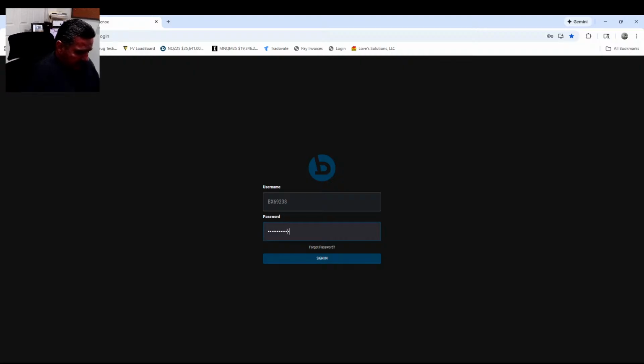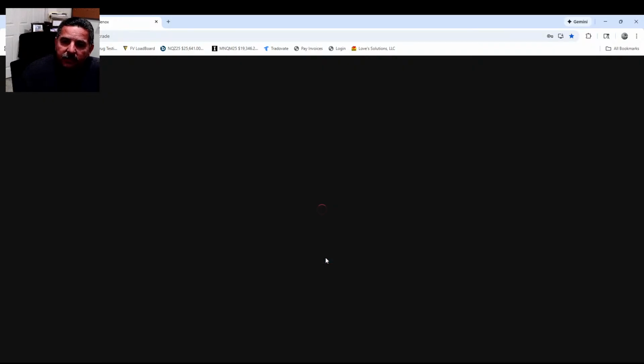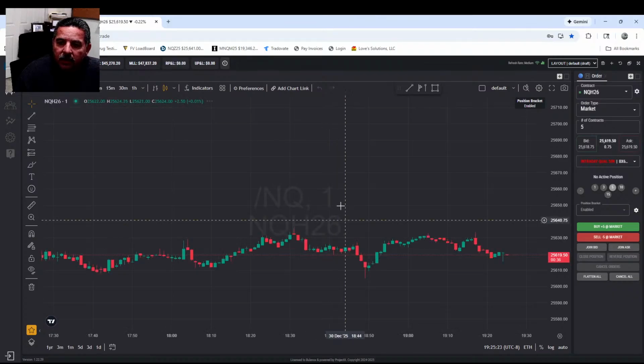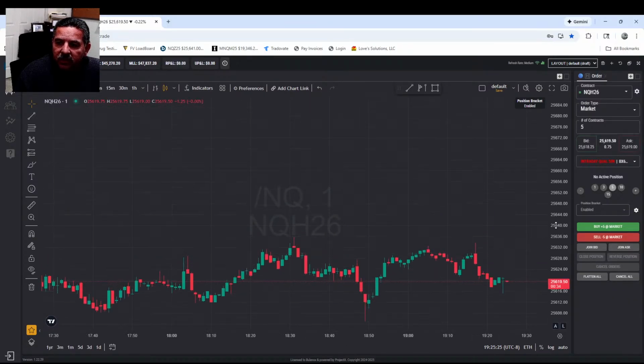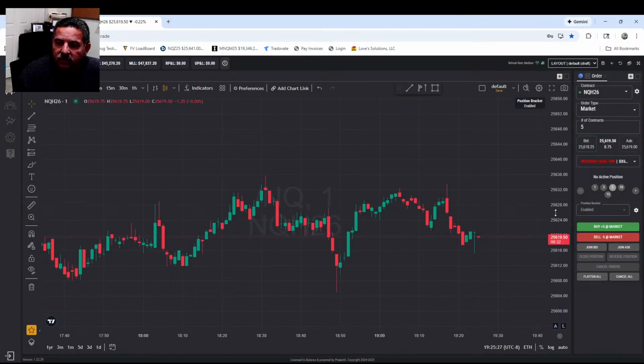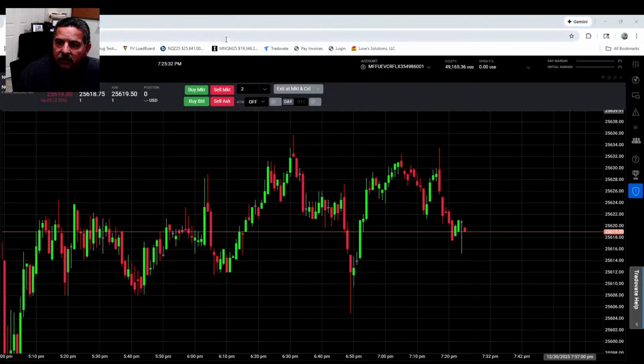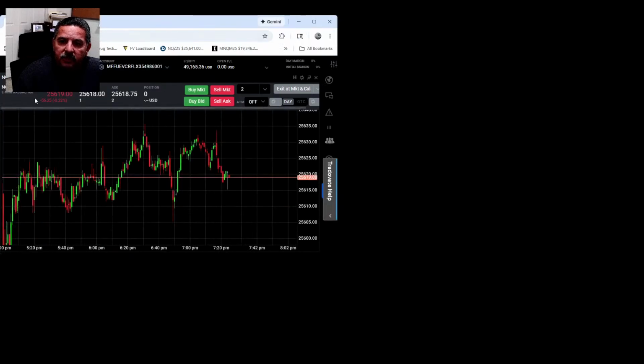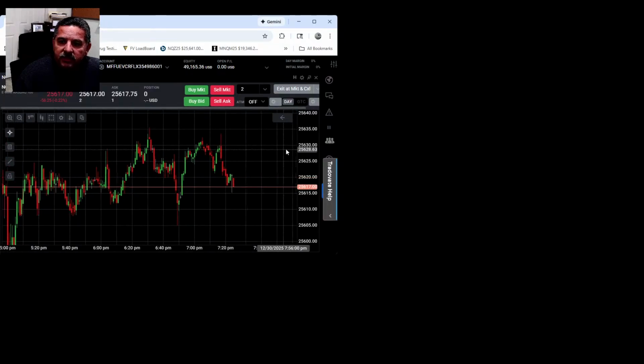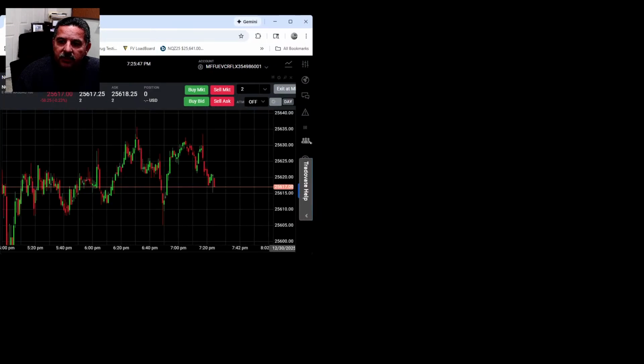It's the same thing as Topstep, and let me show you guys the difference between both charts. It is not the same. Let's see if I can put them side by side so you guys can see what I am talking about.